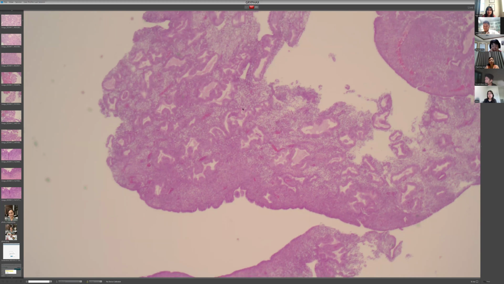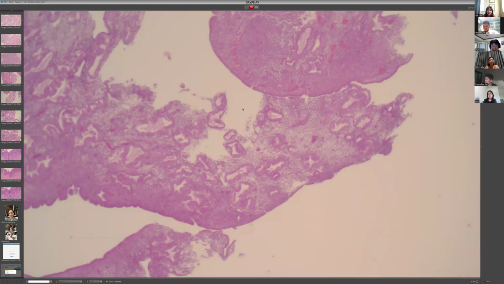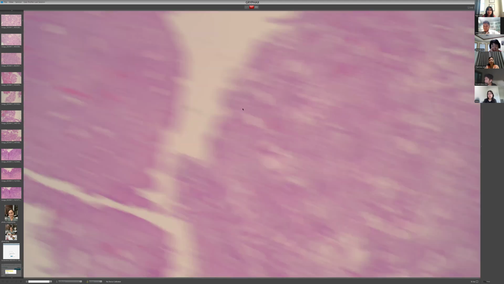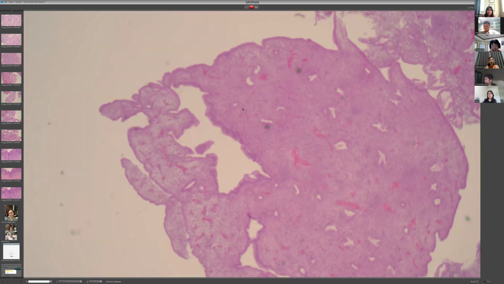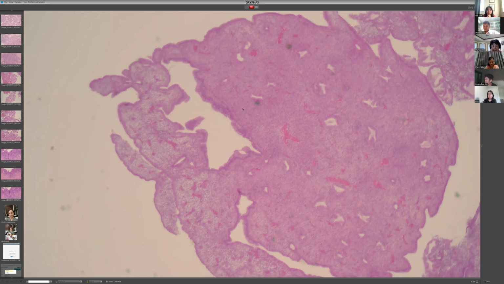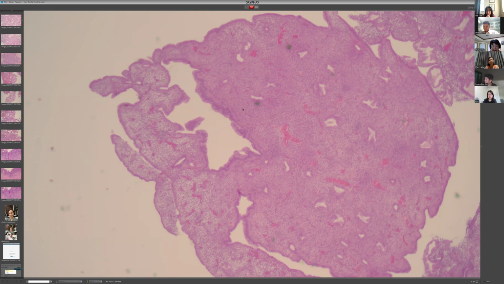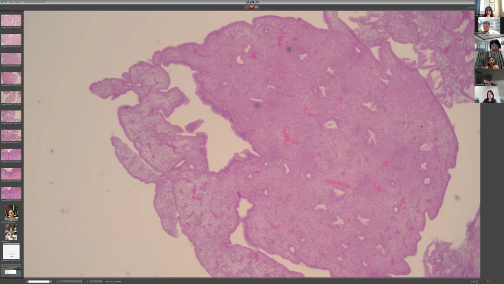There was an area that to me is suggestive of a polyp. It doesn't really have all the blood vessels, but the shape has a polypoid architecture, a three-dimensional area surrounded by all these epithelial glands.